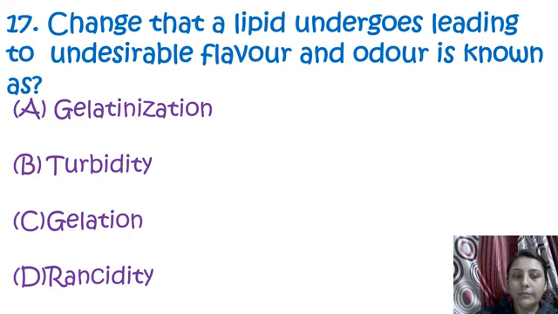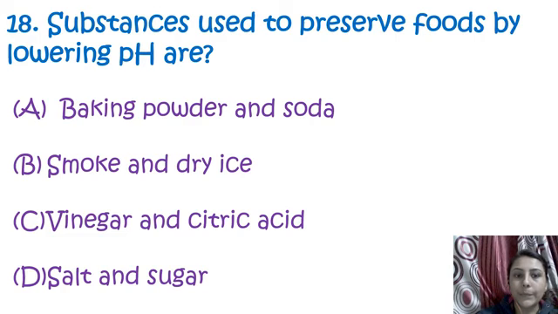Next question is, the change that a lipid undergoes leading to undesirable flavor and odor is known as rancidity. As we have seen in our homes, when a food substance stinks and smells bad, it is known as rancidity. Next question is, substances used to preserve food by lowering the pH are vinegar and citric acid.